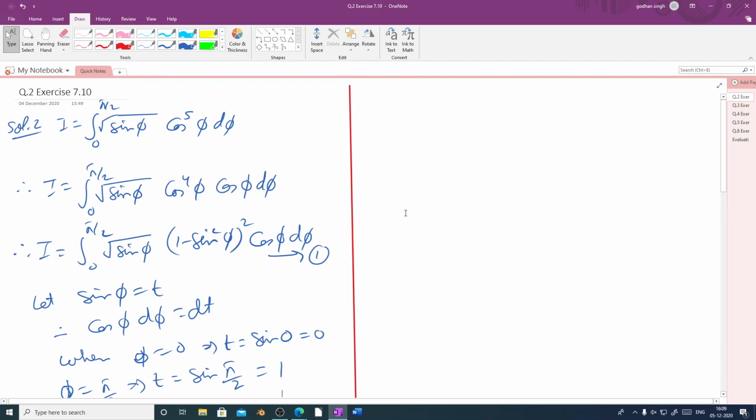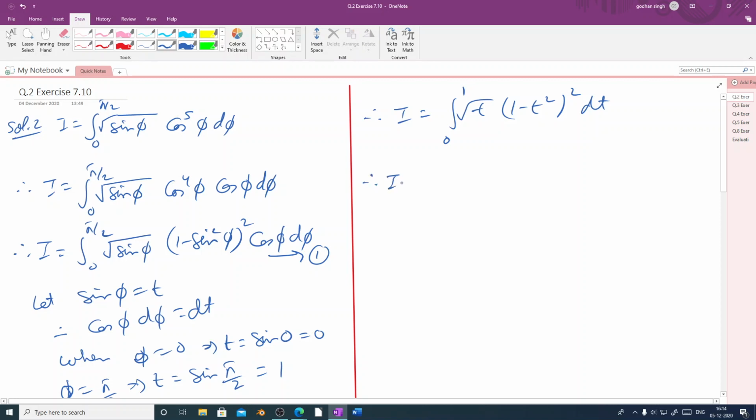I equals, the limit has now changed from 0 to 1, and in place of sine phi we put t, so we write root t, and this becomes (1 minus t square) whole to the power 2, and cos phi d phi becomes dt.